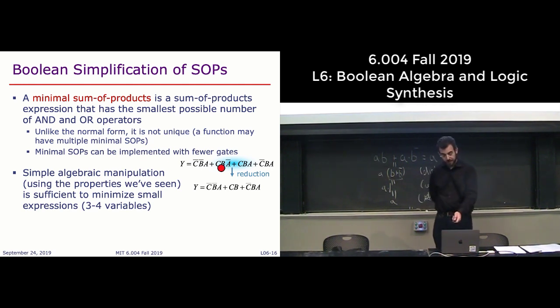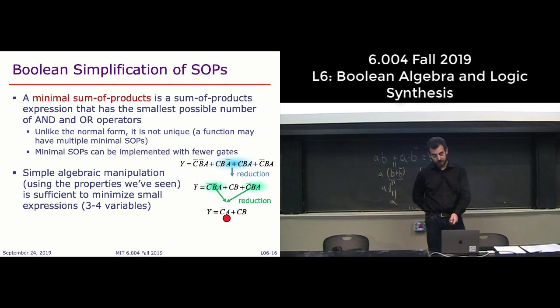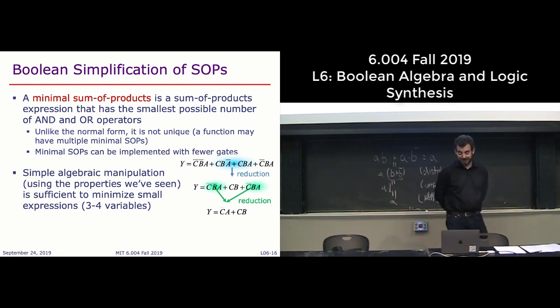These 2 terms can be simplified to just C and B. And again, by applying reduction, these 2 terms can be simplified to not C and A. And so we end up with this much simpler expression, that is doing just 2 ANDs and 1 OR, right? And the implementation of that expression is going to be much, much simpler.